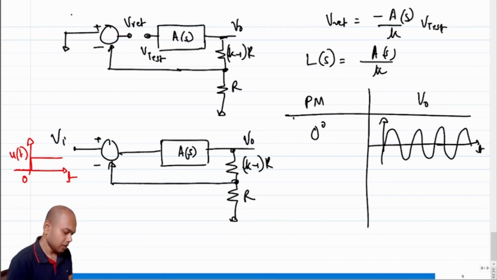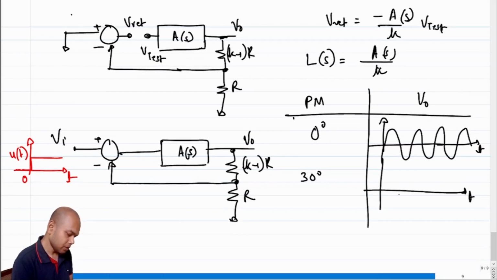Right? So as it turns out, if you increase phase margin, so let's say we go from 0 degree to 30 degree, what's going to happen is, let's say this is 1. I have given a unit step.